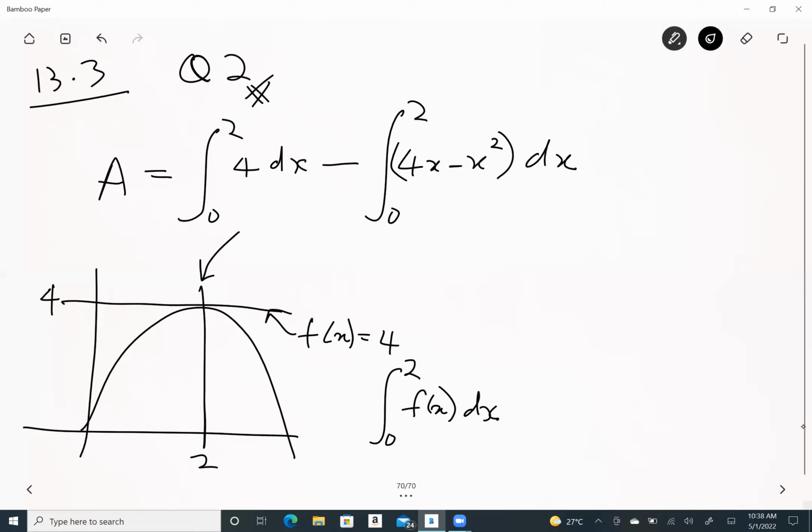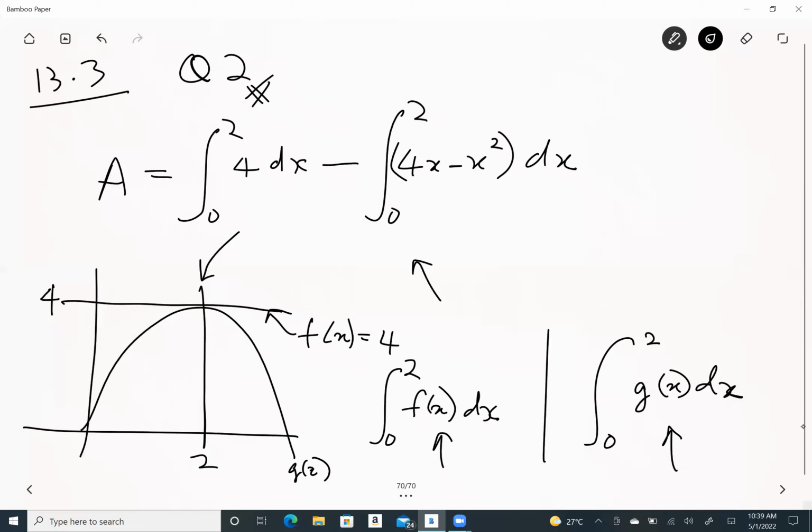So the other integral is from 0 to 2 of g of x dx. Intuitively you think about the two functions individually, and after that you have to subtract. Then you put that thing.